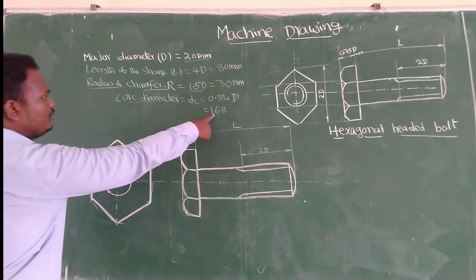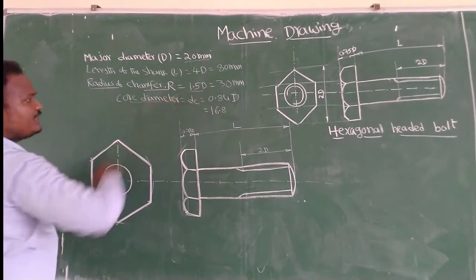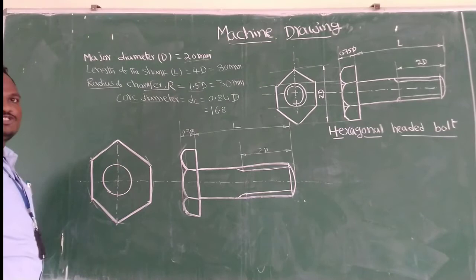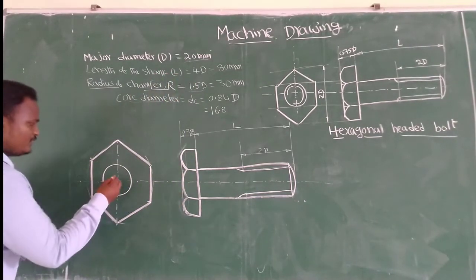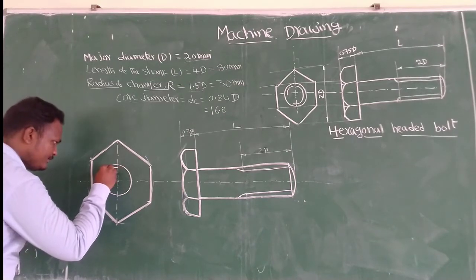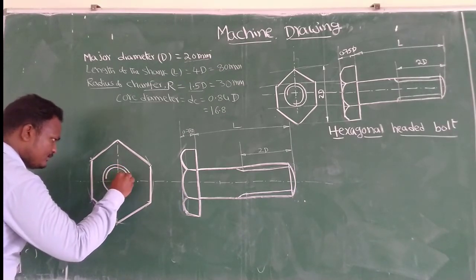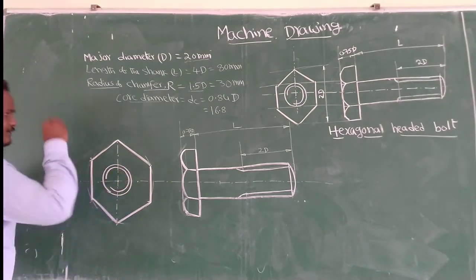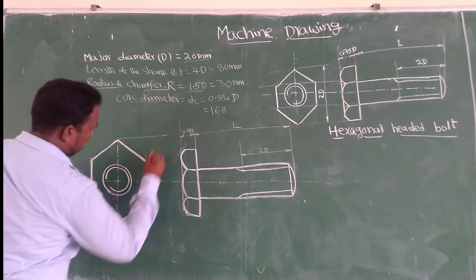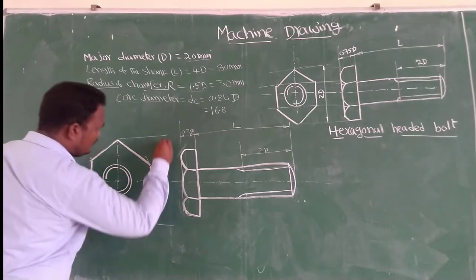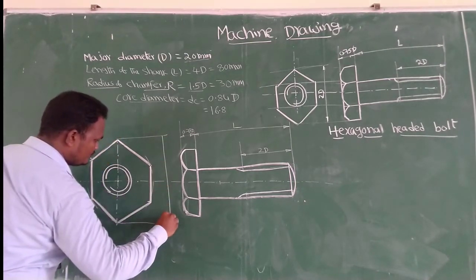This core diameter, we already know the value. Okay, whatever we got by using the formula, DC is equal to 0.84 into D. With this value, this point as the center, draw a circle. Okay, so this value would be 2D.